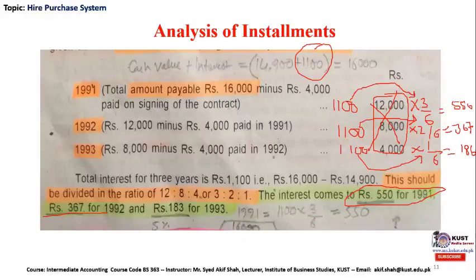After multiplying 1100 with each ratio, our total interest will be divided amongst 3 years respectively. If you add up all these 3 interest charges, it will come up to 1100 rupees. This is the way you are required to allocate the interest expense for each year on the basis of amount outstanding and the ratios allocated for each year.